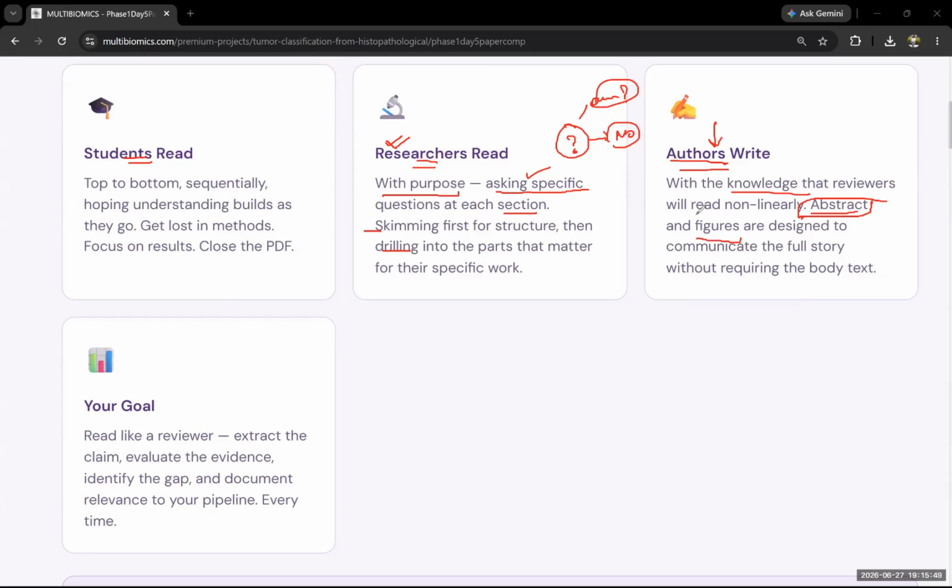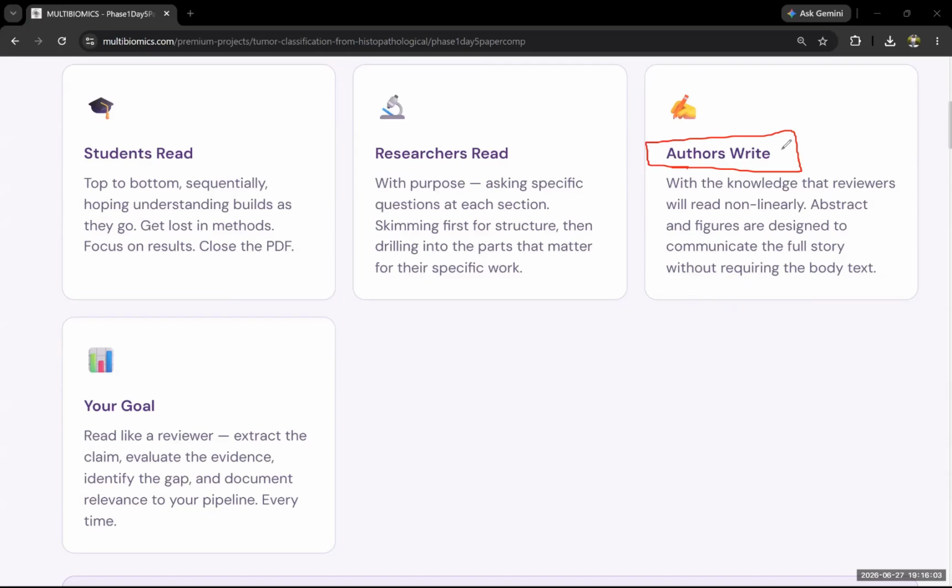You have to come up with good figures, and good graphs as well. All these things you must know, because you will be writing a manuscript and maybe giving it to a publication house if the work is done up to the mark. So you also have to think like an author, and you should be ready for writing your own manuscripts.